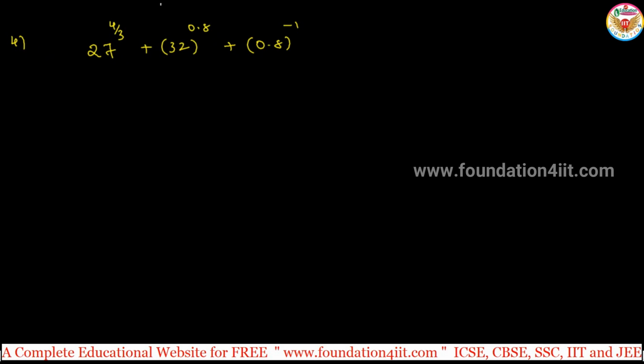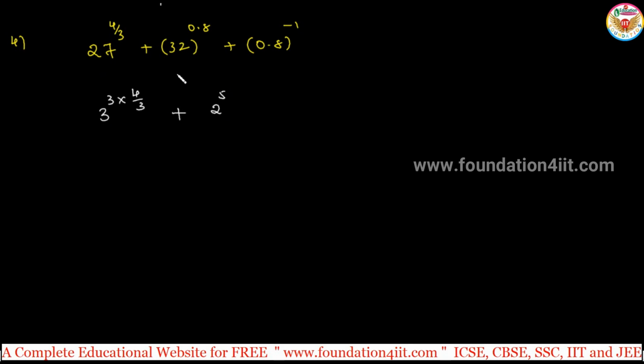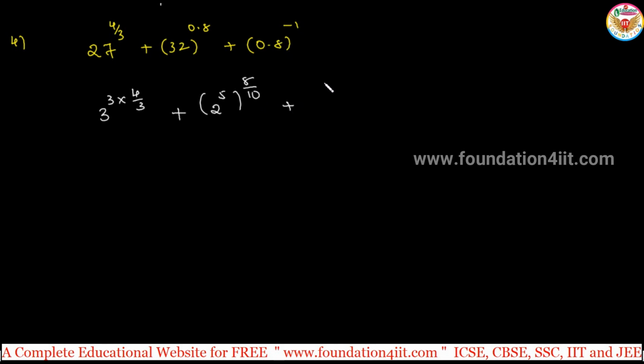To simplify this, first 27 you can write as 3 cube, all to the power 4/3, plus 32 you write as 2 to the power 5, using prime factorization for everything, to the power 0.8, which is 8 by 10, plus 0.8 written as 8 divided by 10, all to the power minus 1.